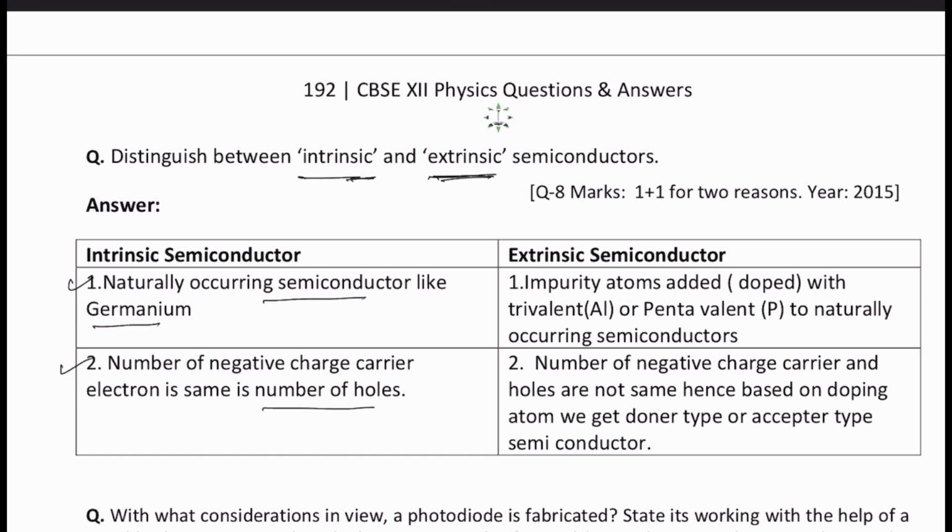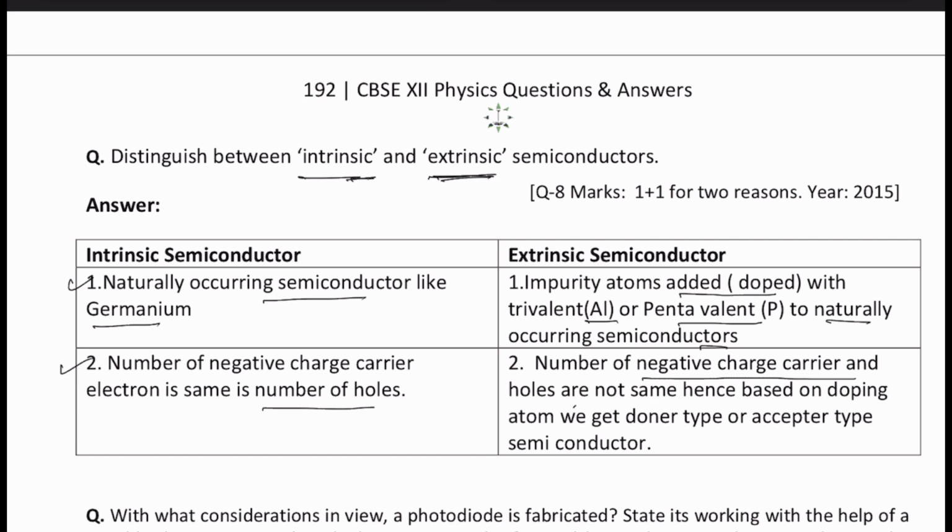Extrinsic semiconductor means impurity atoms are added. This process is called doping, with trivalent atoms like aluminium or pentavalent atoms like phosphorus, to a naturally occurring semiconductor. Once doping takes place, the intrinsic semiconductor becomes an extrinsic semiconductor. The number of negative charge carriers and holes are not the same.